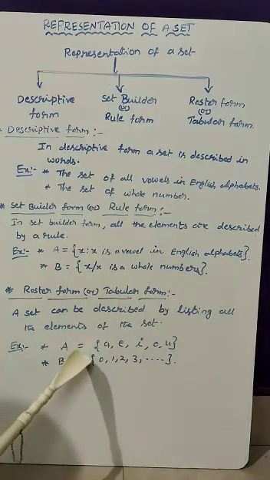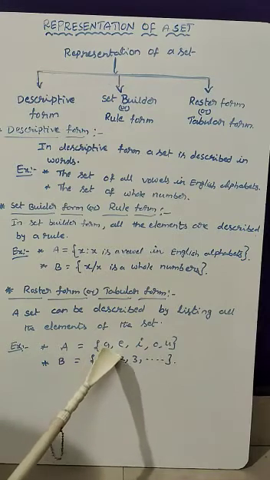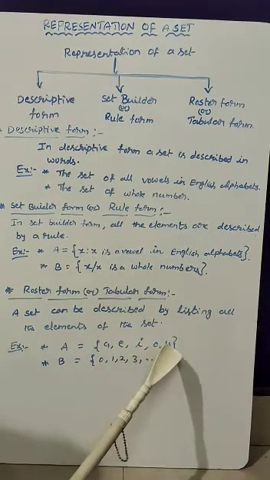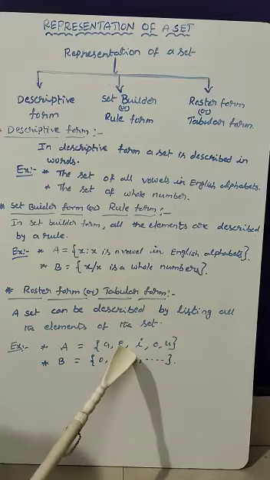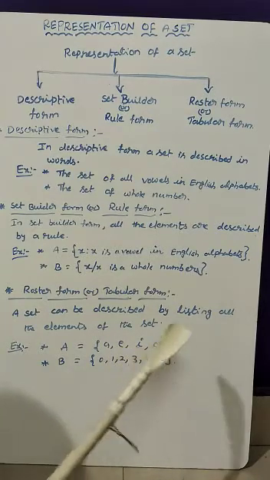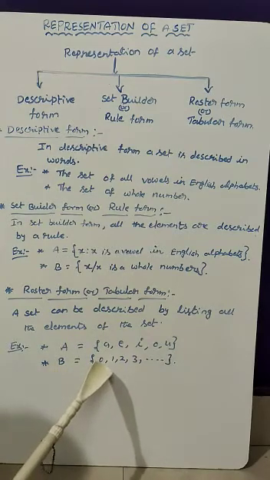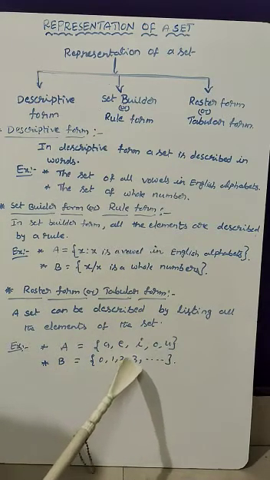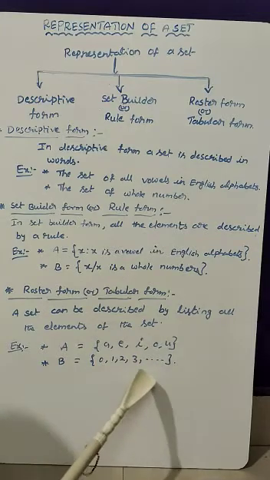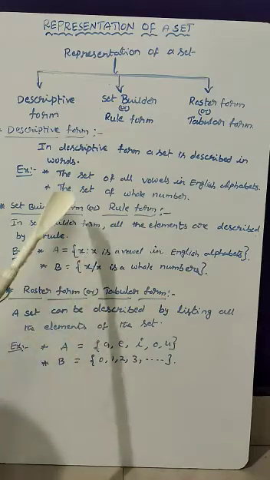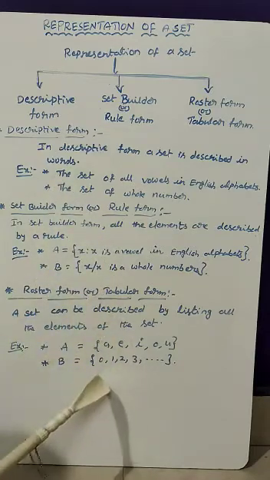Example, A equals a, e, i, o, u. So that is the vowels in the English alphabet. And the second example is B equals 0, 1, 2, 3 and so on. This is the whole numbers.